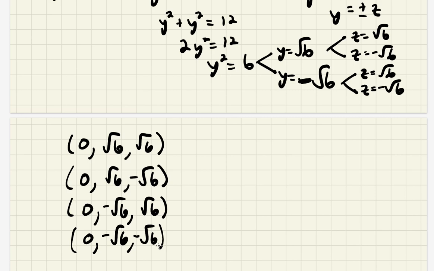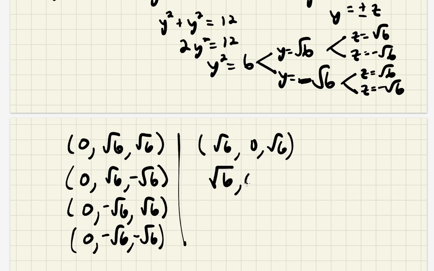And we'd have another 4 of those making y the one that is 0, and then another 4 of those making z the one that is 0. Root 6, 0, root 6. Root 6, 0, negative root 6. Negative root 6, 0, root 6.